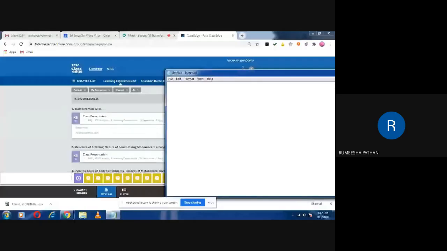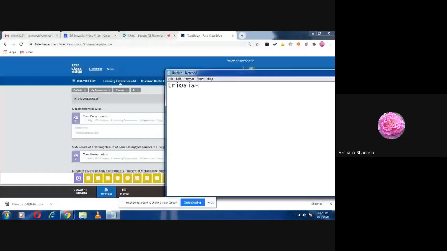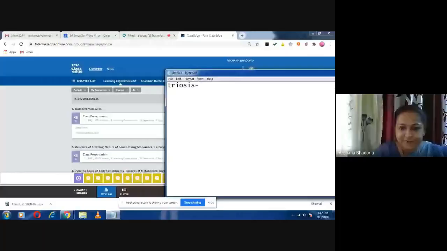What is that monosaccharide called which has 3 carbon atoms? Trioses. Everyone has noted that? Yes, ma'am. So the monosaccharides are classified on the basis of carbon atoms, which varies from 3 carbon atoms to 7 carbon atoms. So the triose.